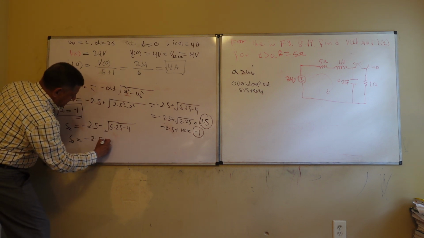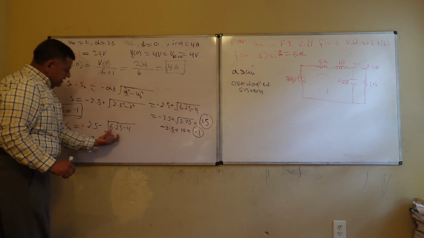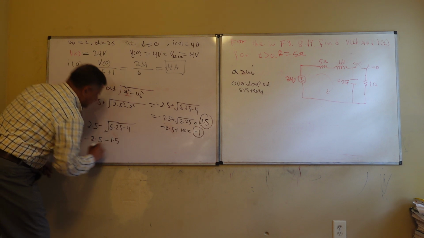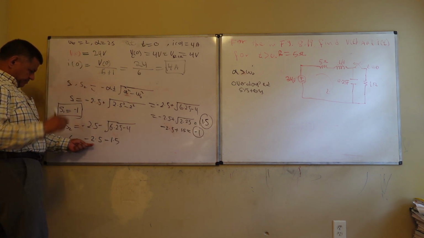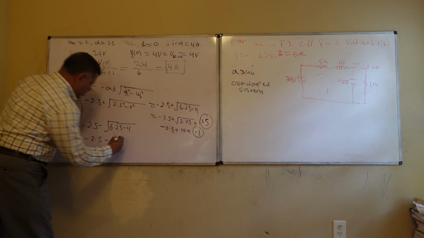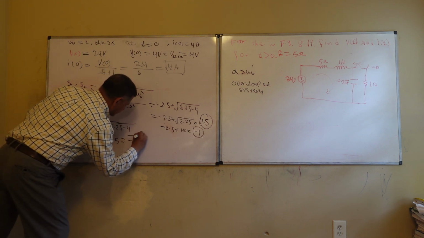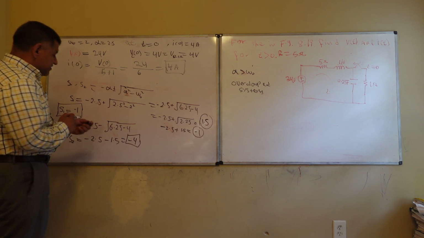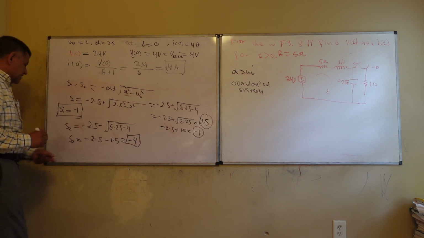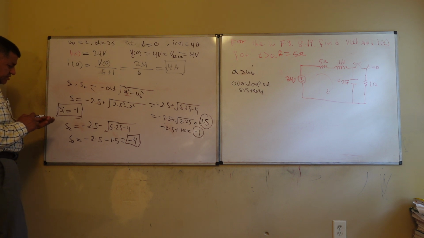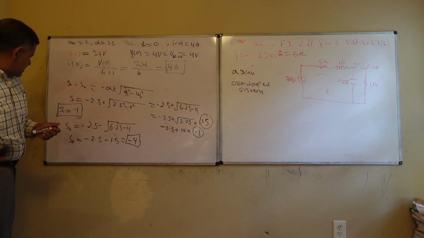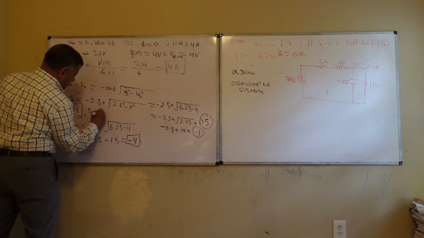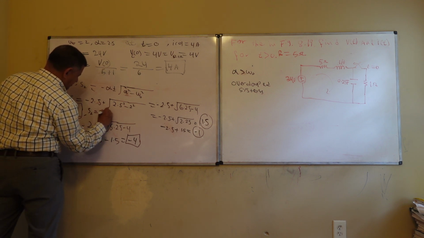Be careful because we're taking the minus, so it's going to be negative 2.5 minus 1.5, which is equal to negative 4. That is S2. So now we have S1 and S2, and S2 is equal to negative 4.